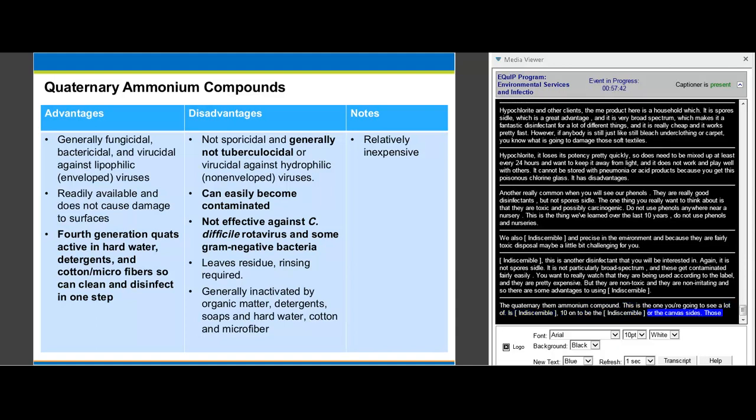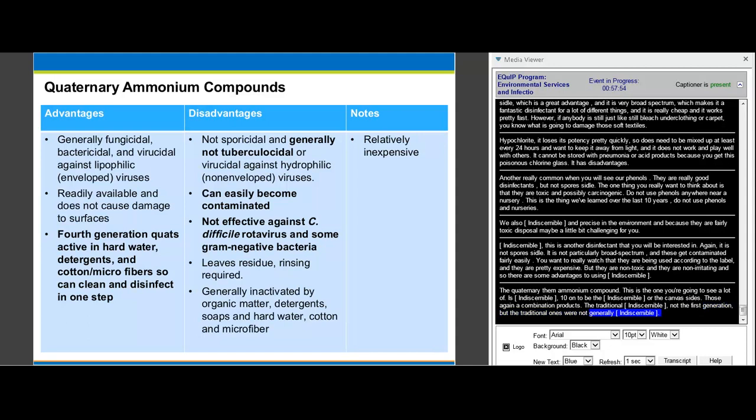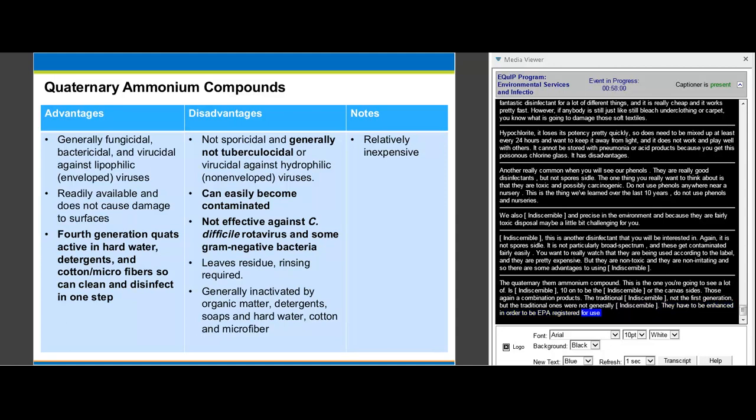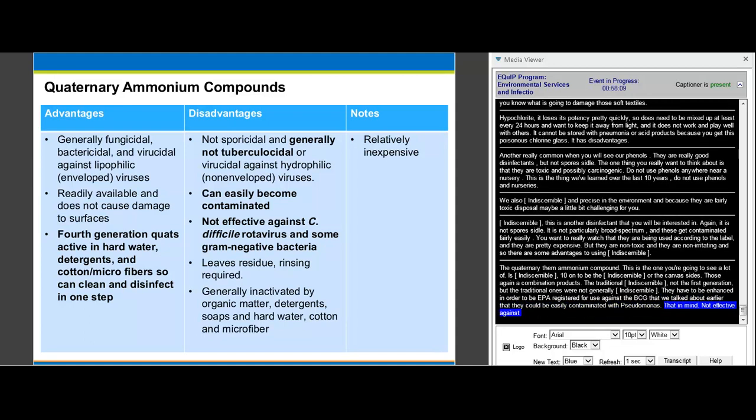The traditional ones were not generally tuberculocidal, so they have to be enhanced in order to get EPA registered for use against the BCG that we talked about earlier. They can be really easily contaminated with Pseudomonas, so keep that in mind. And again, not effective against C. difficile or the non-enveloped viruses like norovirus, for example, and some of the gram-negative bacteria.